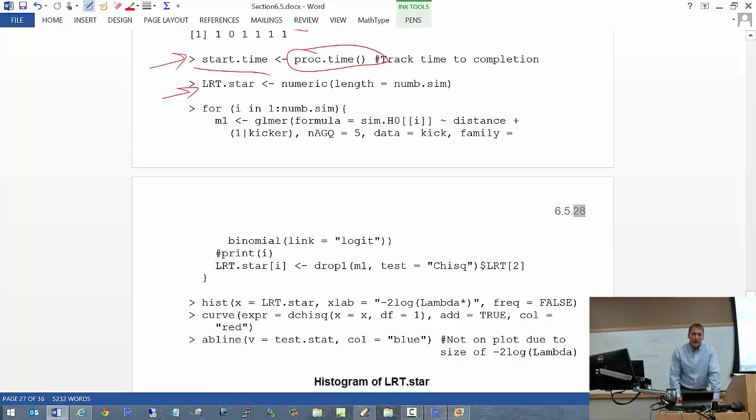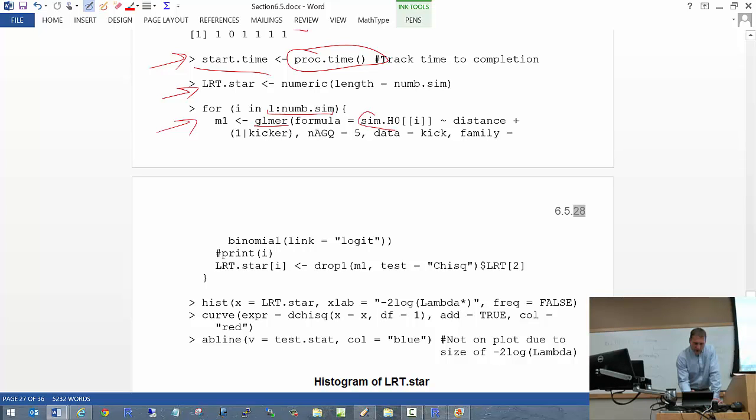To estimate the model and calculate the test statistic for each of the simulated data sets, I use a for loop, which we've seen in the past. So I'm going to do for i in 1 to the number of resamples, the number of simulated data sets. I use the glm-er function as we've seen before.